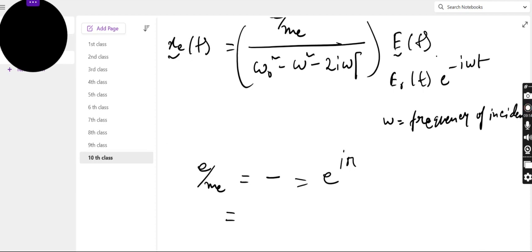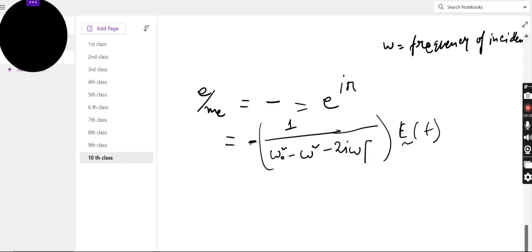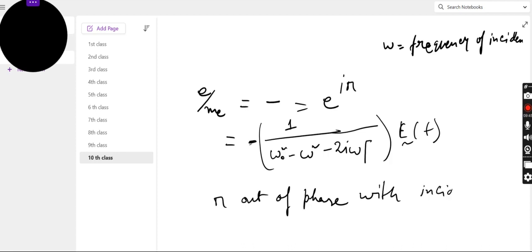So this is basically minus 1 over omega naught squared minus omega squared minus 2i omega gamma, times E(t). It is pi out of phase with the incident electric field.